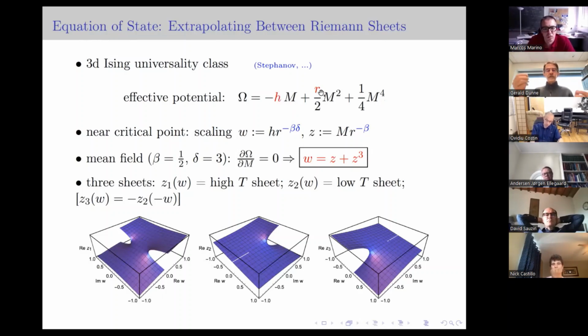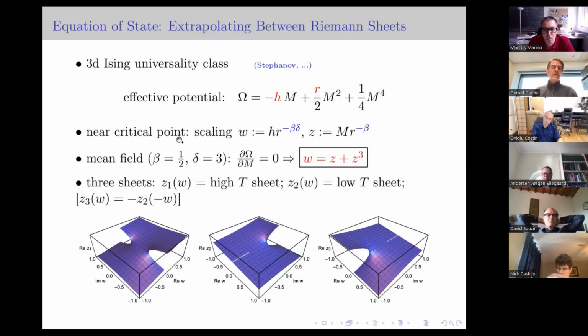As these coefficients vary and even change signs, this effective potential may have the structure of a double well, or a tilted double well, or no double well at all. And that reflects the different phases of the system as you vary these two parameters.